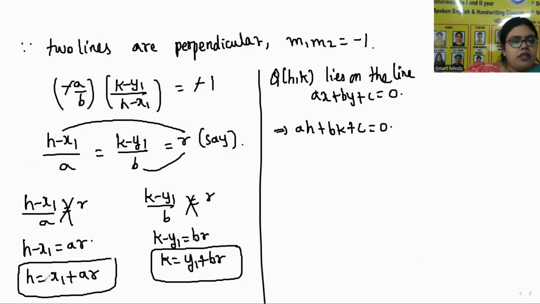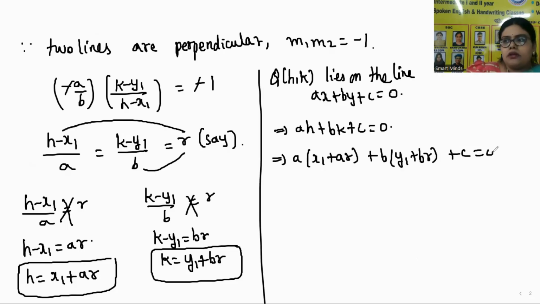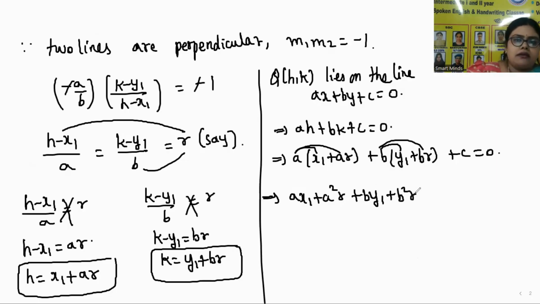Now from here we got the h and k values, which I put in the boxes. Now I will substitute: a(x1 + ar) + b(y1 + br) + c = 0. Open the brackets: this into this, this into this. So ax1 + a²r + by1 + b²r + c = 0.